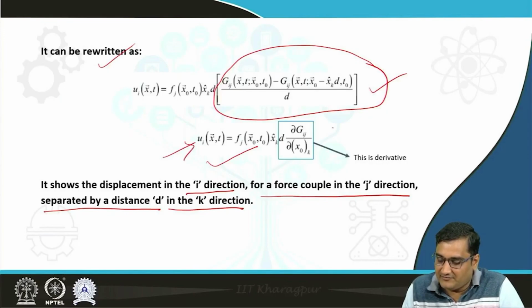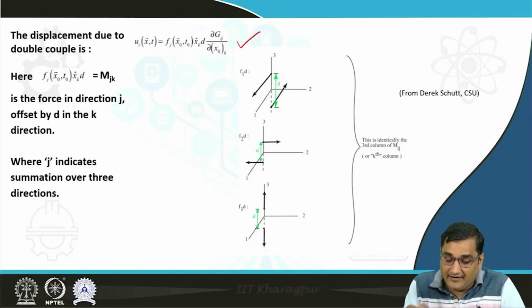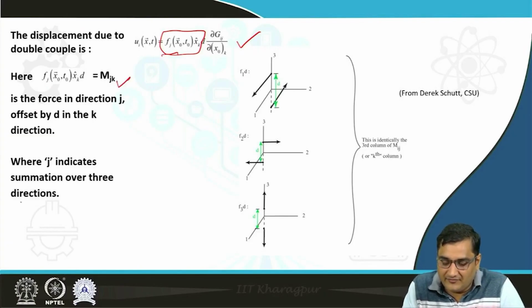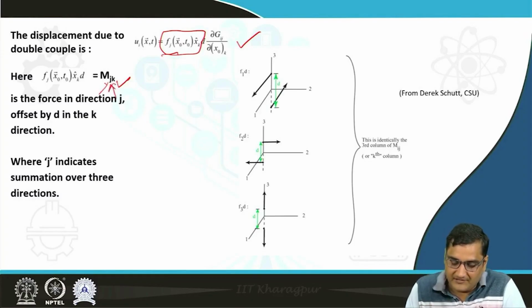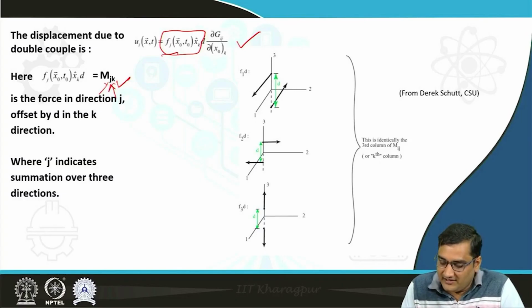The displacement can be written in the derivative form like this for the Green's function, and here this particular expression is Mjk, that is the moment, or you can say it is the force in the jth direction offset by d in the kth direction. So this represents the force and this represents the offset direction. Here j is the dummy index and can be expanded in this form.